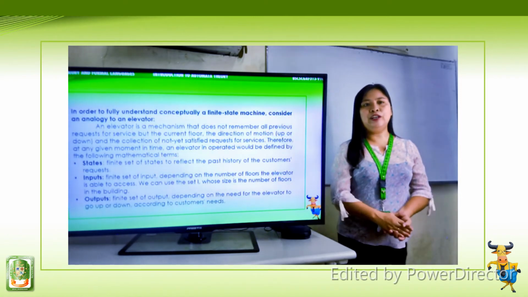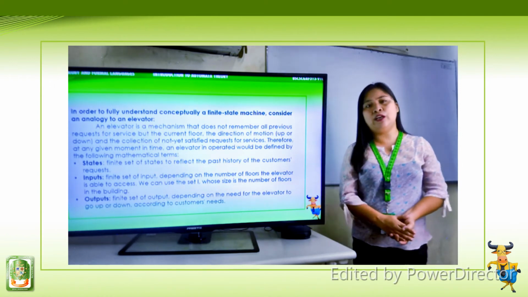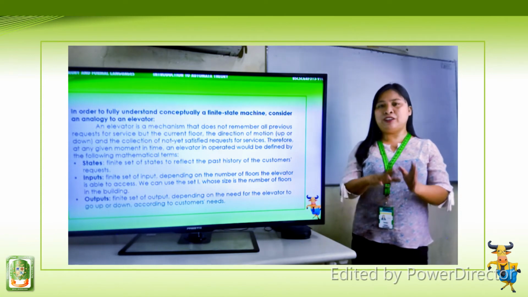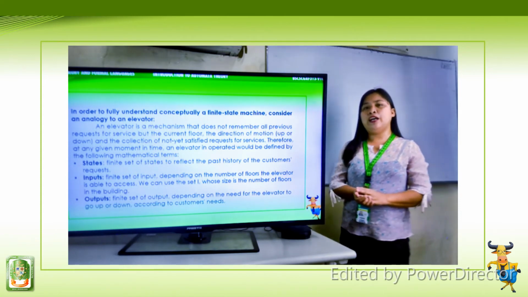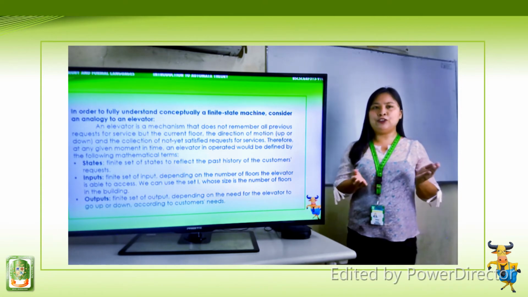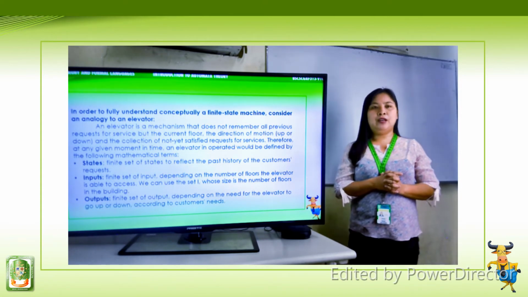So in order to fully understand conceptually a finite state machine, let's consider an analogy to an elevator. So I am expecting that all of you are fond of using an elevator.